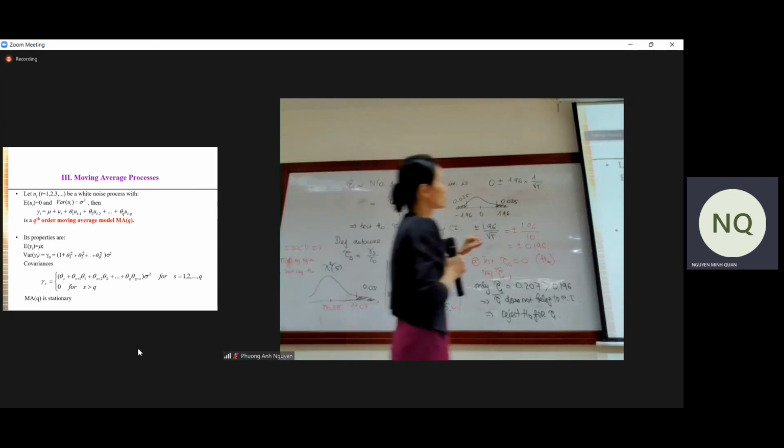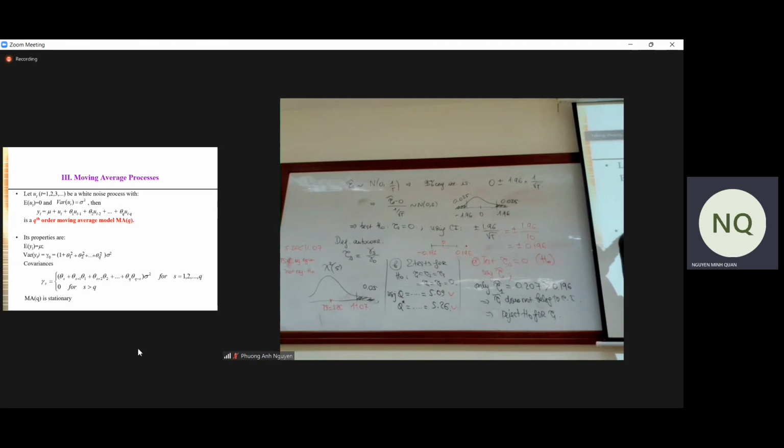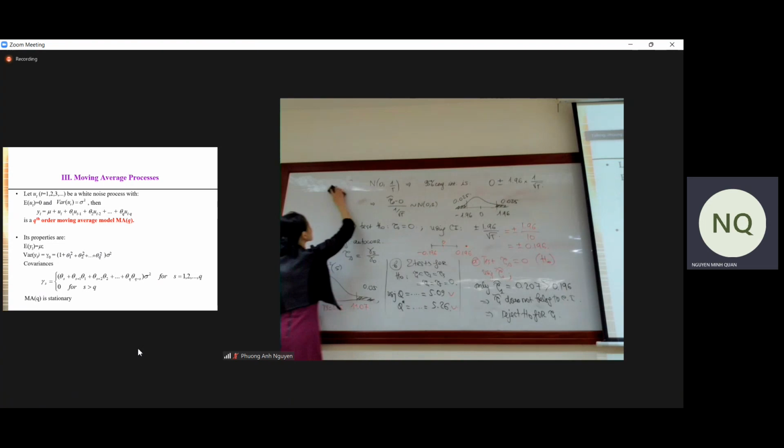Look at the model Y_t: you have a constant plus u_t from the white noise process, so it's like the error term with zero mean, and the linear combination of lag 1, lag 2, up to lag q terms. So u comes from the white noise process.